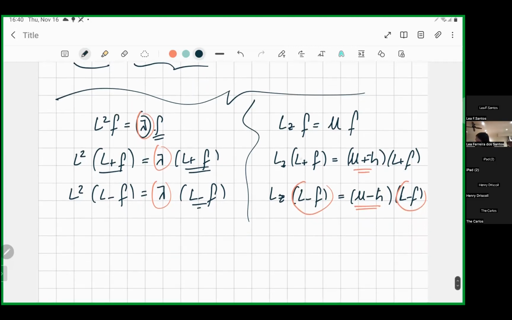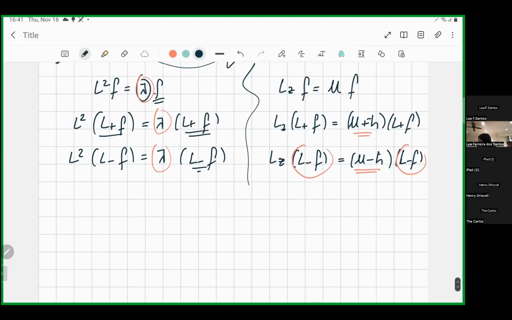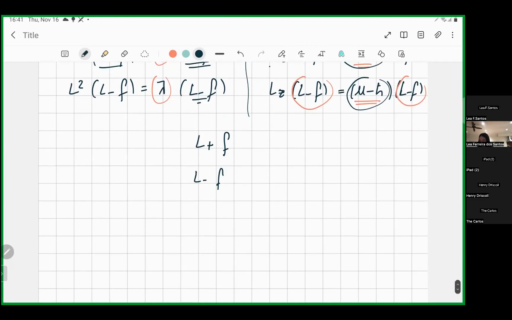What we are seeing is that the L plus is raising the eigenvalue for the LZ. The L minus is lowering the eigenvalue, but this cannot go on forever. There should be a point where this has to stop. Where does it have to stop?